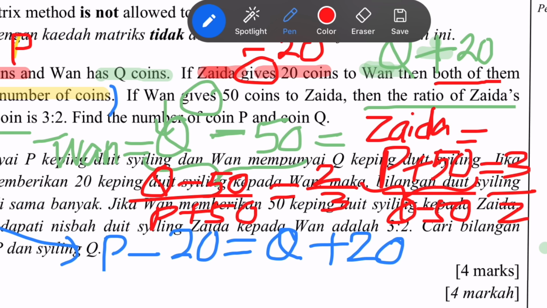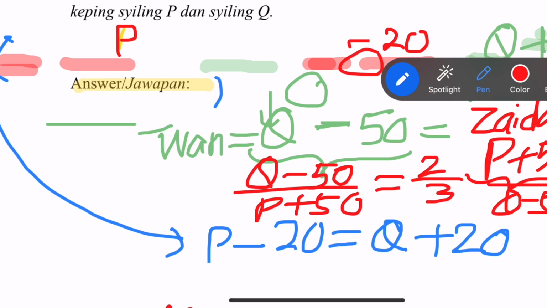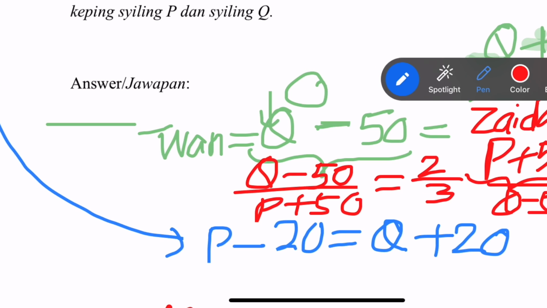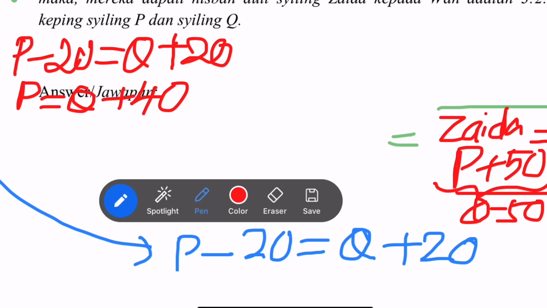Now let's see, we have the ratio P plus 50 over Q minus 50 equal to 3 over 2. So we need to solve the equation right now. P minus 20 equal to Q plus 20, so P equal to Q plus 40 is our first equation.